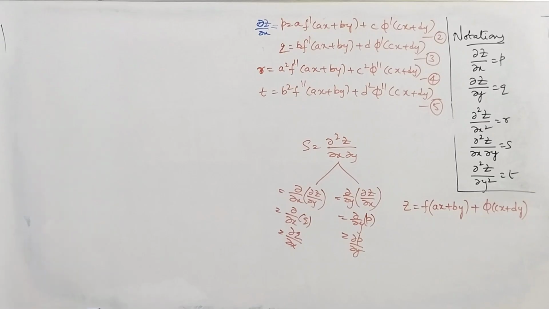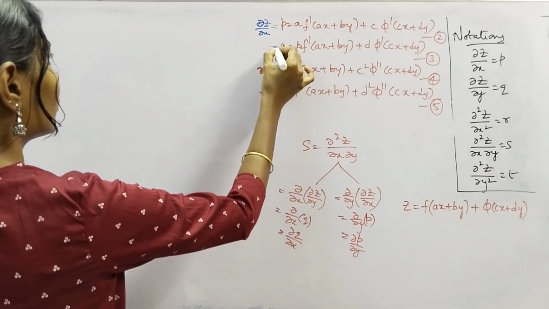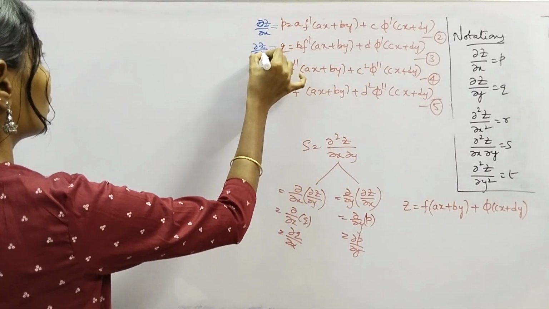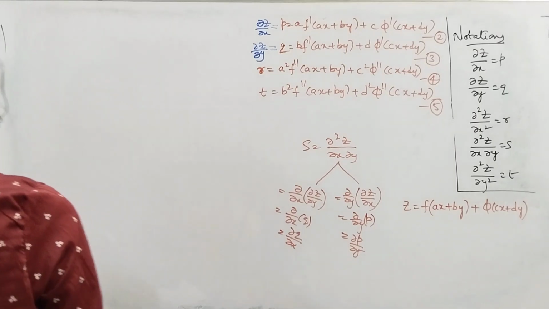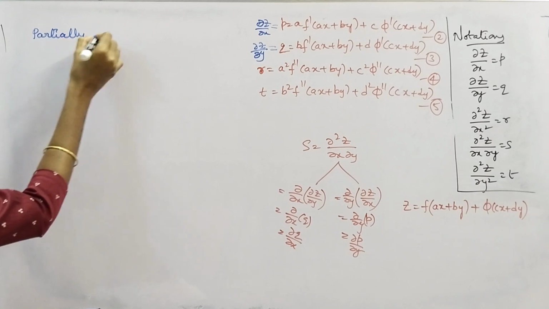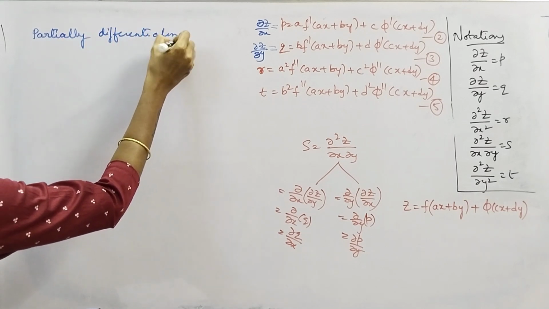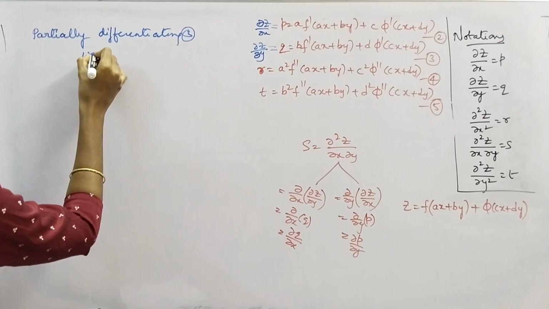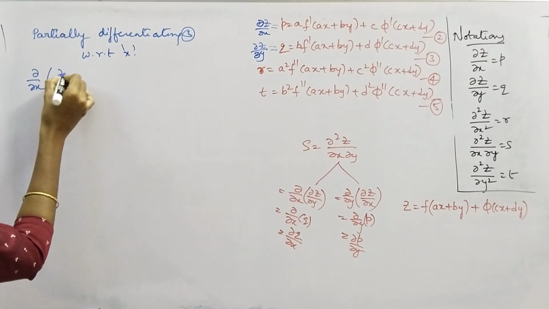I'll take equation 3. q is nothing but ∂z/∂y, right? Fine. Now let's partially differentiate 3 with respect to x. Just apply ∂/∂x on both sides of 3.